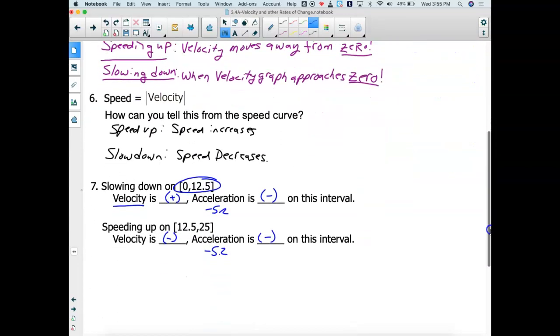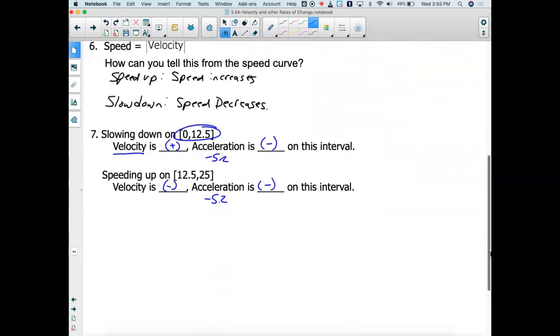So what we really want to do is compare velocity and acceleration. When velocity and acceleration have opposite signs, they work against each other. Therefore, it slows down.